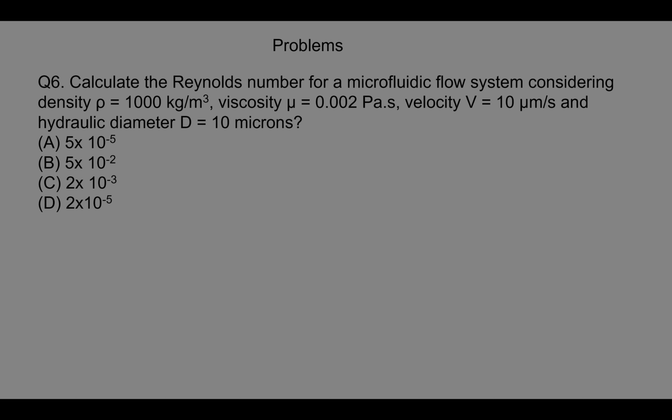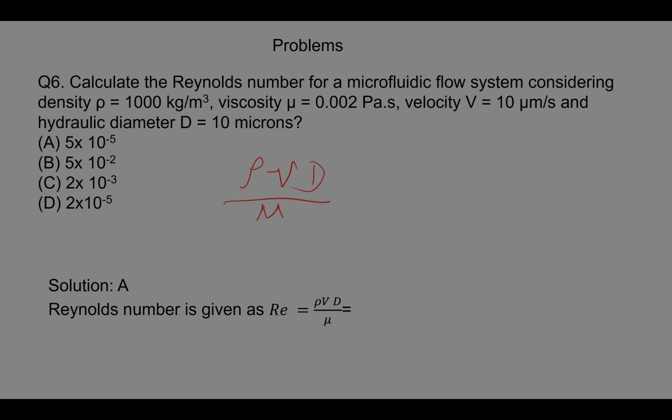The answer can be calculated using this formula. Reynolds number can be calculated using rho v d divided by mu. So we have rho is equal to around 1000 kg per meter cube.